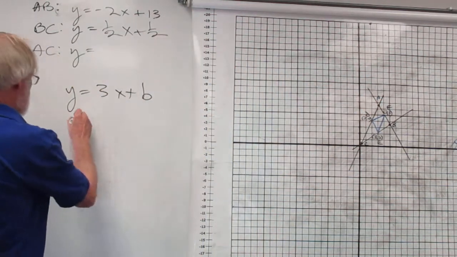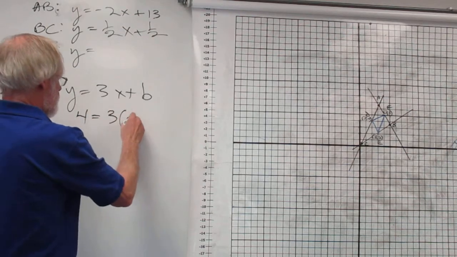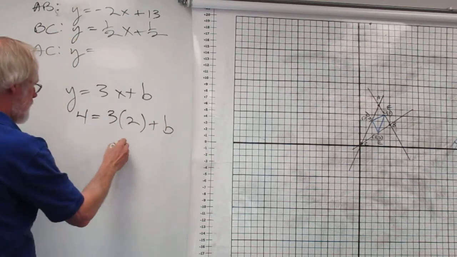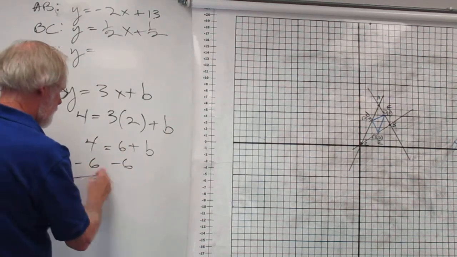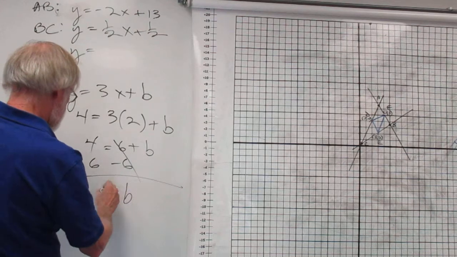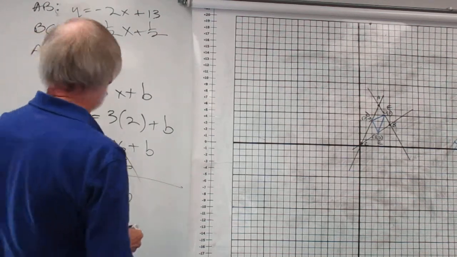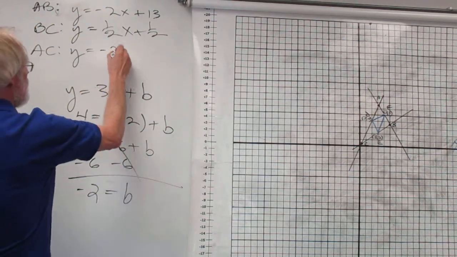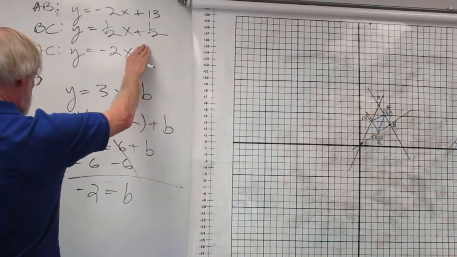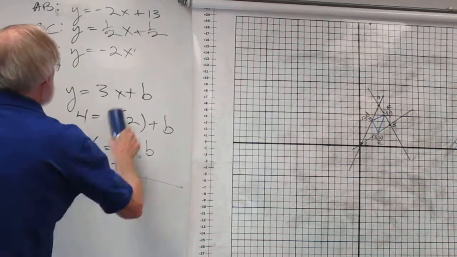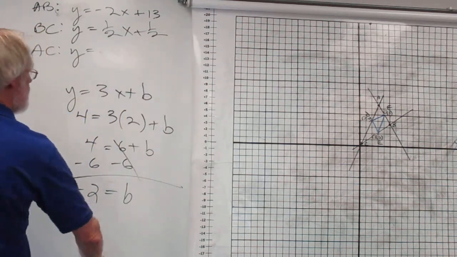So 4 equals 3 times 2 plus b, that's 6 plus b equals 4, minus 6, and I get b equals -2. So y equals -2x... I'm sorry, back up, y equals 3x minus 2.